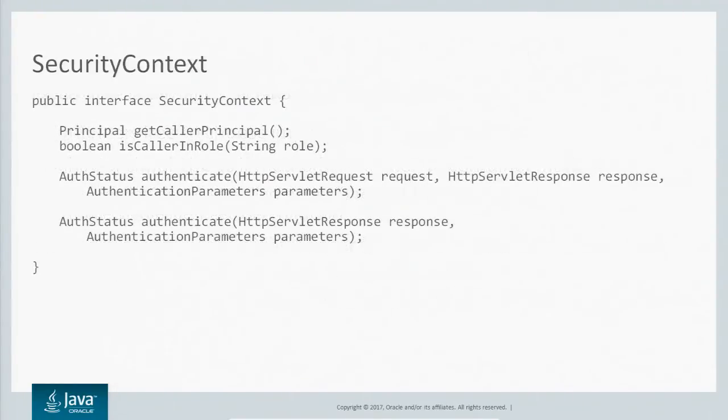For the security context, currently in the CDI spec, you inject, you have to provide a principal key. You inject principal. The principal is kind of implemented by the security context that follows the principal.